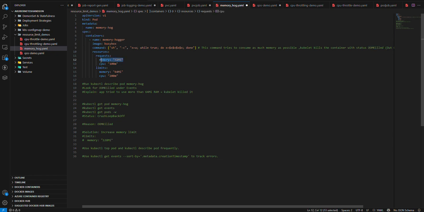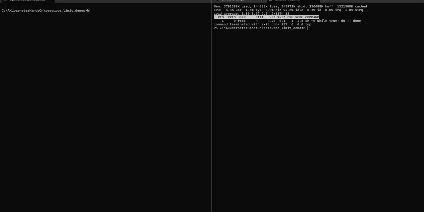Initially I am declaring memory request as 32 Mi, and limit is 64. So let's apply this file now, kubectl apply -f memory hog. This one I want. Let this pod get created.